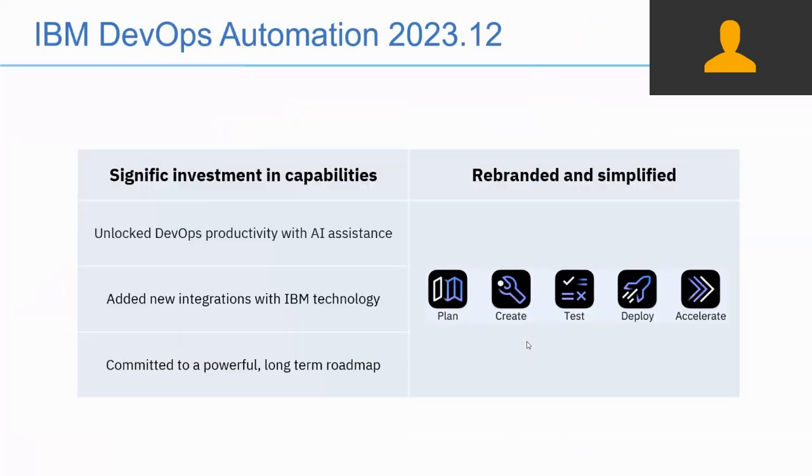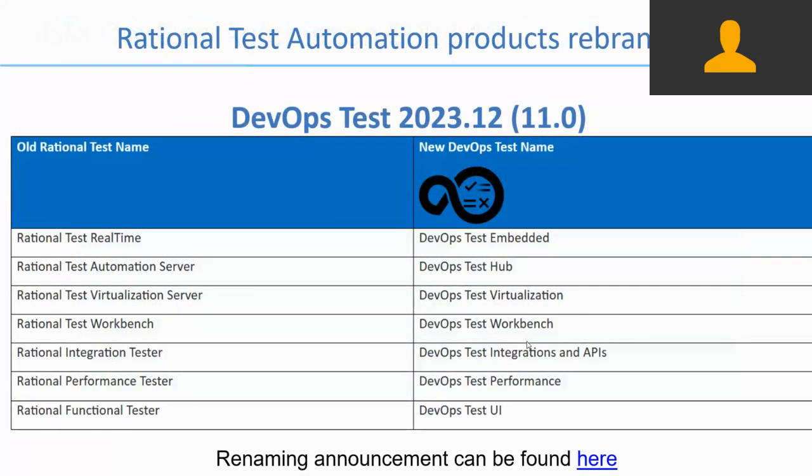So IBM DevOps Automation at the end of 2023 has made a significant announcement and has rebranded and simplified the portfolio. Now the old Rational name is gone, and we have a new DevOps Test name for all the test offering.